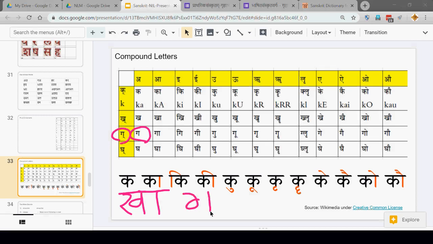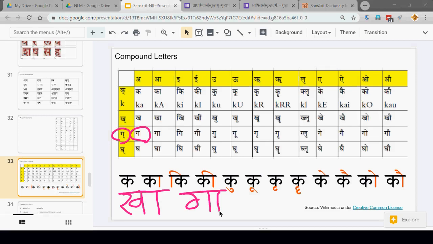The writing is: first write the complete g with the a sound, and then put a vertical line after the g symbol in Devanagari. So all of them follow the same format. There is no specialty in any of these writings.